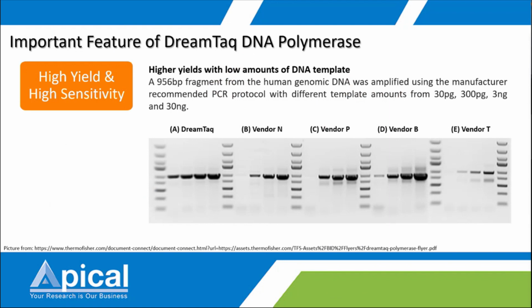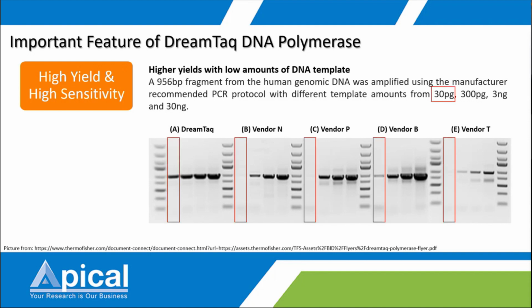Unlike the native Taq polymerase, DreamTaq DNA polymerase is modified with enhanced processivity, which gives you higher sensitivity, greater amplicon length, and also yield. For example, in the gel shown here, you can see the comparison of PCR sensitivity and yield with DreamTaq DNA polymerase and some commercial polymerases.